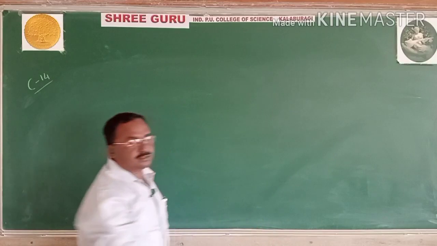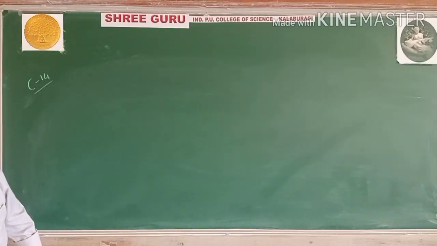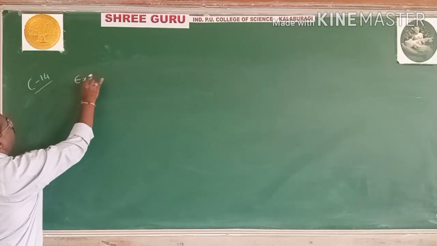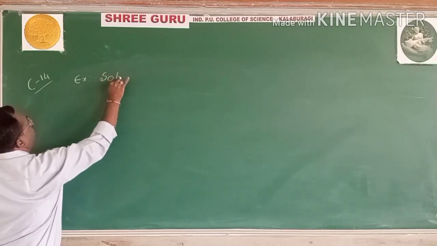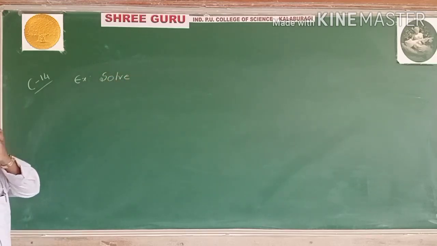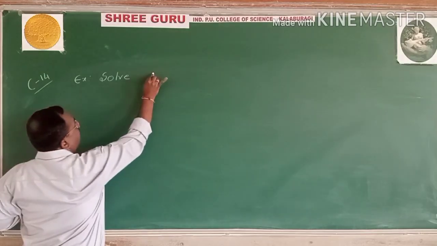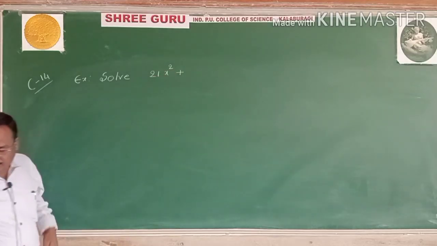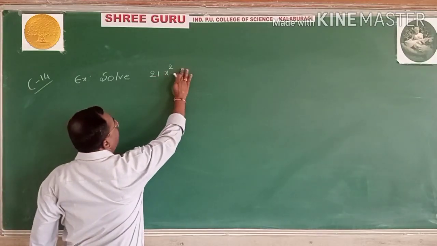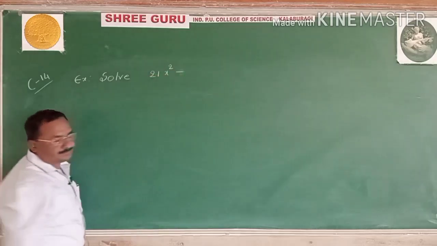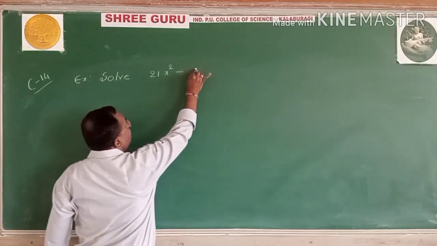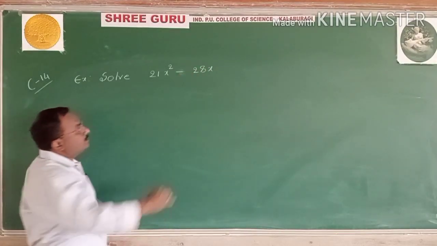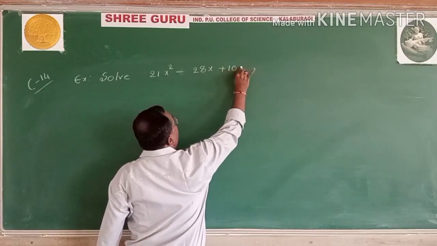Solve quadratic equations. Solve, example here: 21 x square minus 28x plus 10 is equal to 0.